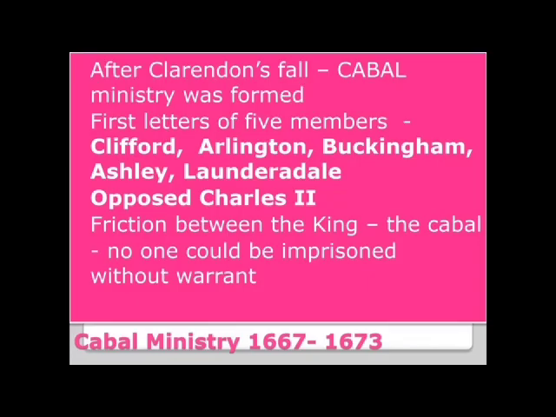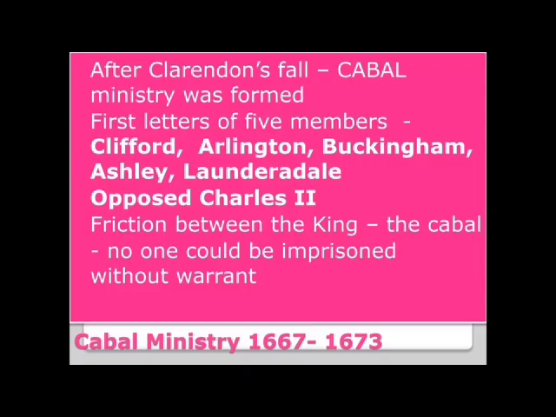Cabal ministry. Next, the Cabal ministry was implemented during the period 1667 to 1670. After Clarendon's fall, the Cabal ministry was formed. It was formed by five members and named after the five members' names. They are Clifford, Arlington, Buckingham, Ashley, Lauderdale.